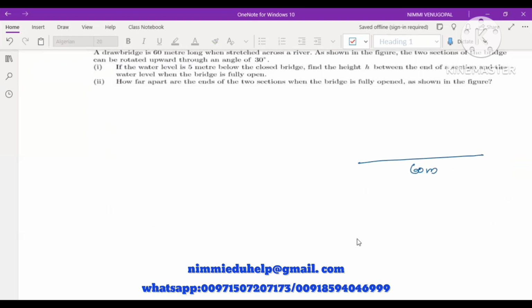So this water level is there. In the question, they say the water level is 5 meters below the closed bridge. So the closed bridge is 5 meters above the water level. So we have to draw the bridge first.